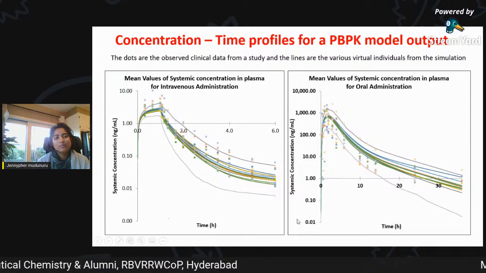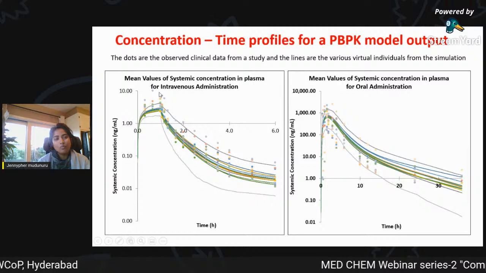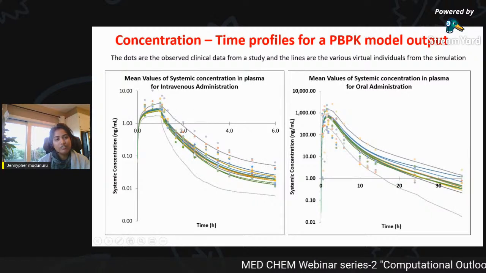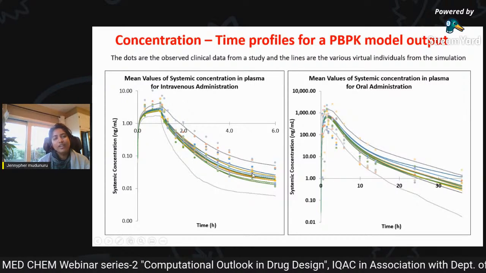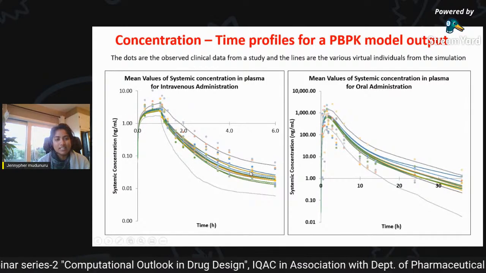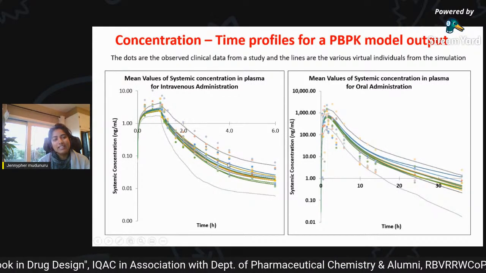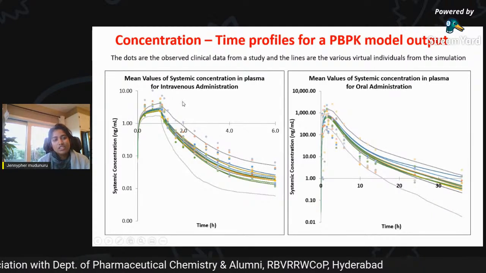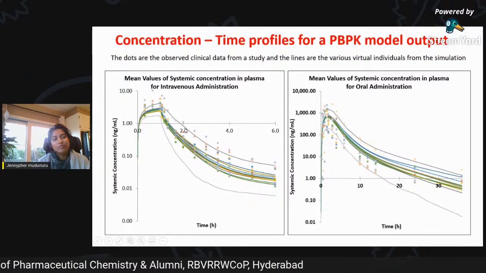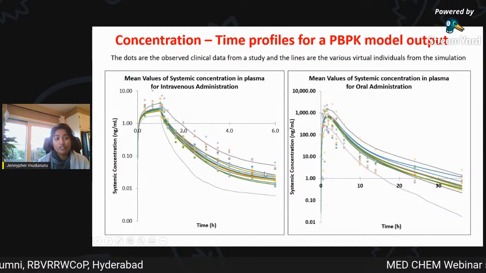So this is the confidence building part where we take the observed data, which you see for multiple individuals, which are the dots, and then we run a simulation using the various components that we discussed that go into a model. The different lines, each line is an individual, which is the prediction. So we overlay this and go, well, it seems to predict pretty decently for this model.